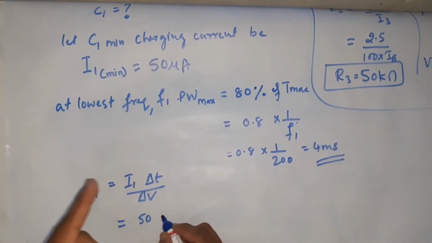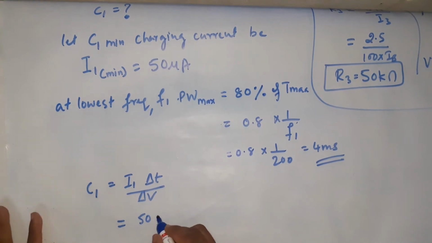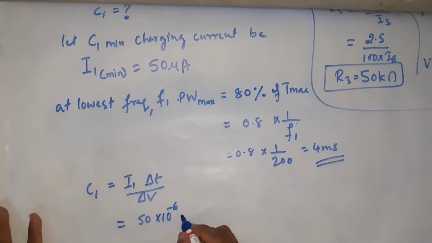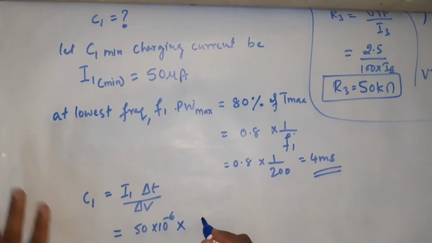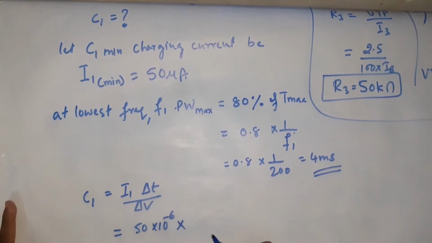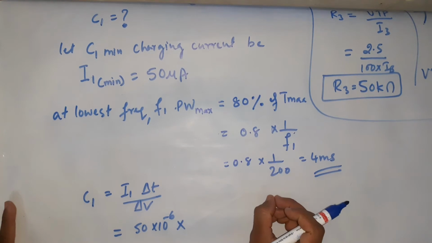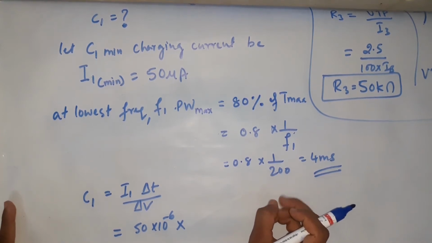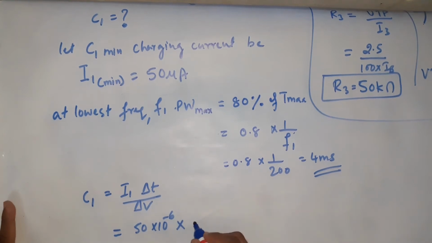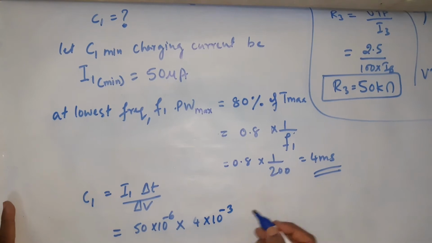Now, I have told you we have to take 50 microamperes, 10 raised to minus 6. Don't take it that way. Into change in time. What will you take for change in time? Change in time is the pulse width, which we have obtained as 4 millisecond.